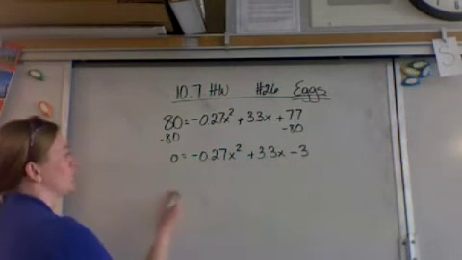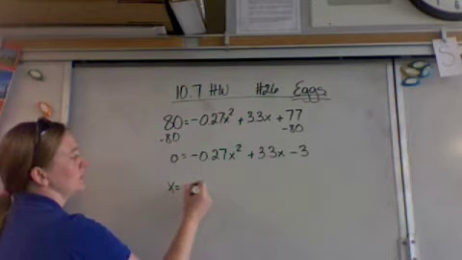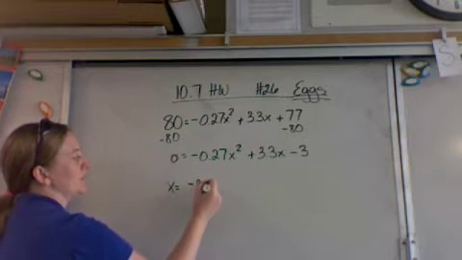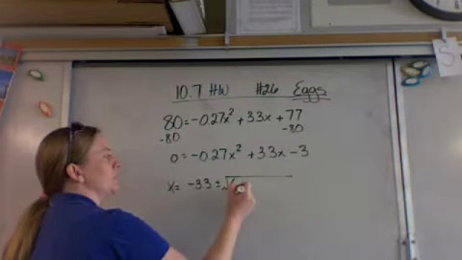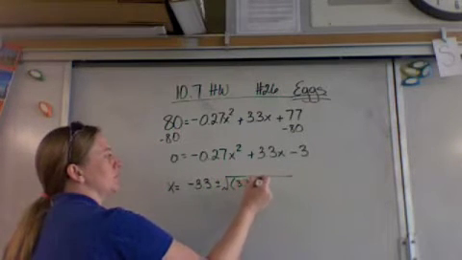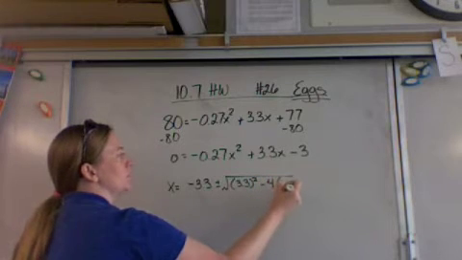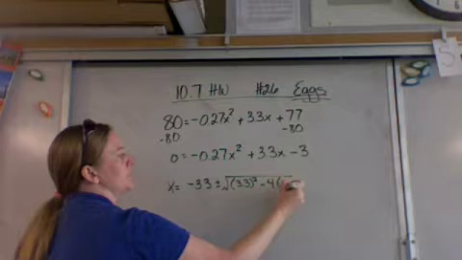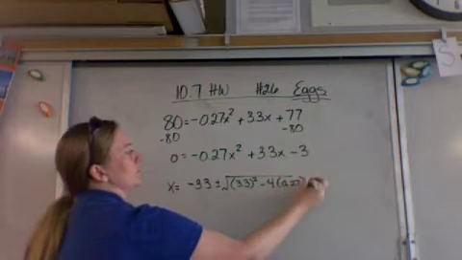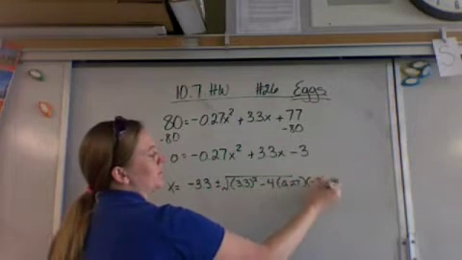Let's plug it into the quadratic formula. X equals negative B, so it's going to be negative 3.3 plus or minus the square root of b squared, so 3.3 squared, minus 4 times a, which is negative 0.27, times c, which is negative 3.